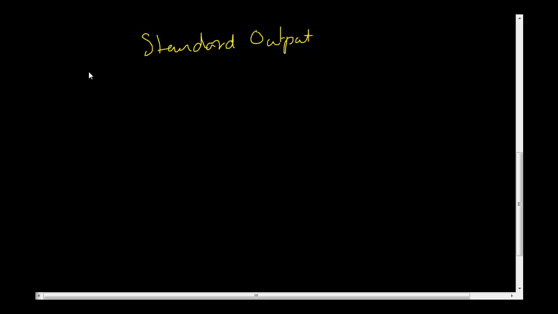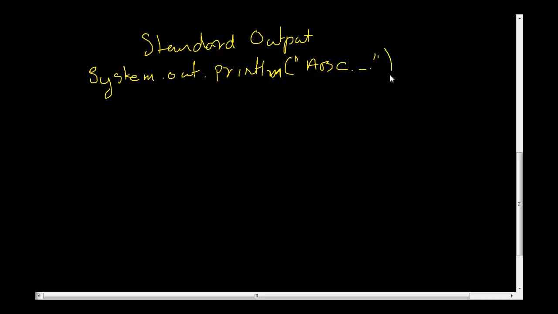You might already have seen we talked about System.out.println("ABC"). This is the command to output something to the screen. So when this statement executes, it will output ABC.